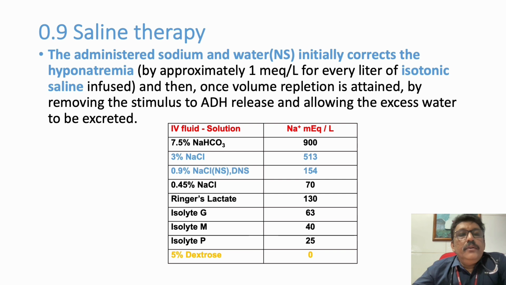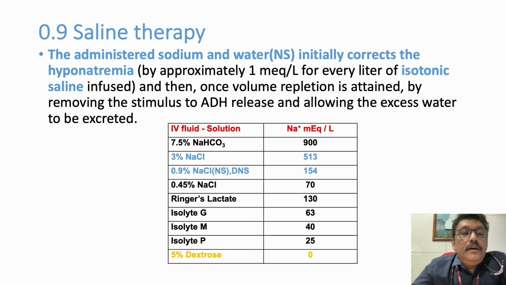Now we can give 0.9% normal saline in a patient who is having hyponatremia with hypovolemia. So you can see here the amount of sodium in each 1000 ml of each type of fluid. You can see 0.9% sodium chloride and DNS contain 154 milliequivalents, whereas 3% sodium chloride contains 513 milliequivalents in 1000 ml.